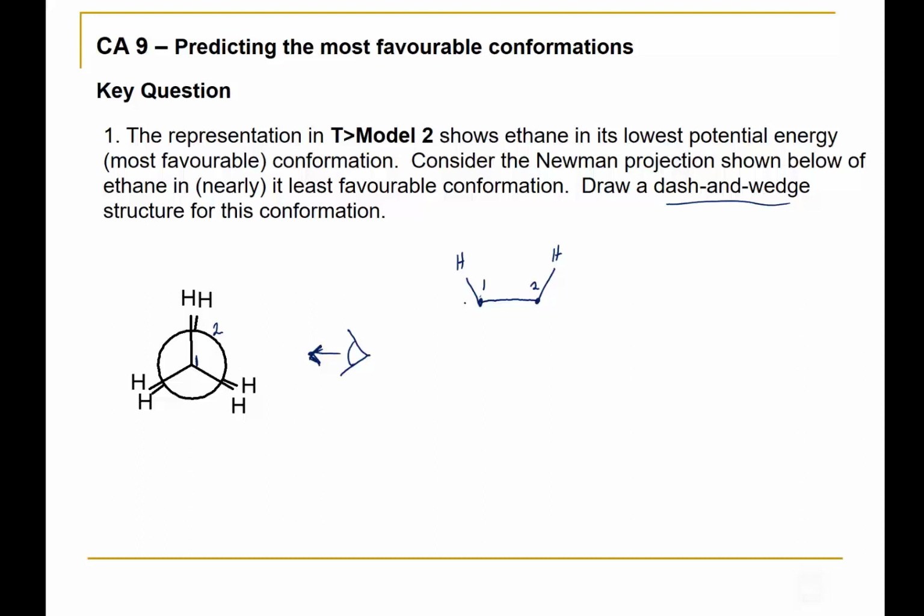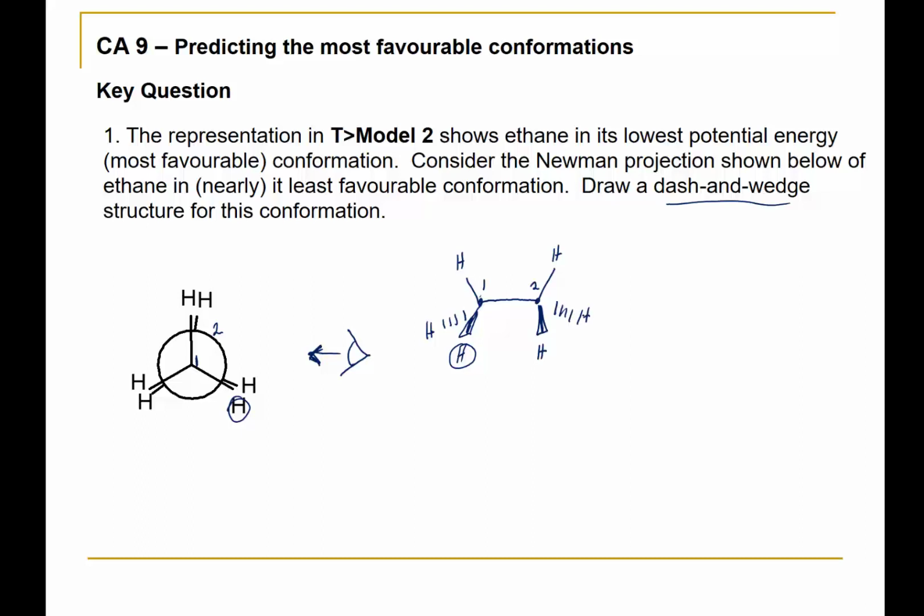On carbon number 1, there'd be a hydrogen coming out at me. So just to clarify, this hydrogen would be this hydrogen right here. That would be coming out at me and towards my left. There would, of course, be a hydrogen going back. On carbon number 2, there would also be a hydrogen coming out at me and a hydrogen going back.